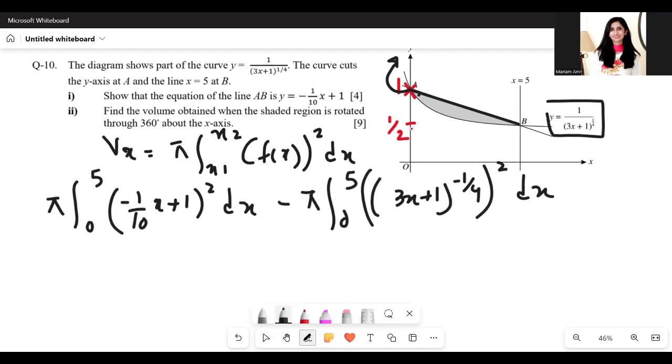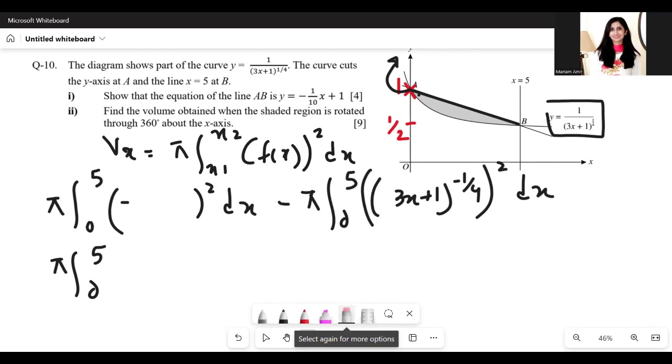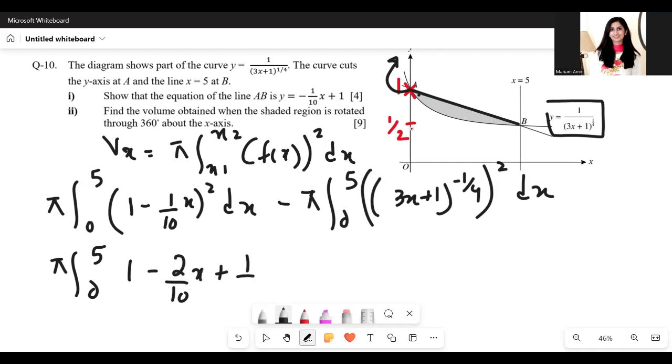So we have pi, 0 to 5. On this, we'll apply a squared minus 2ab plus b squared. I'm going to write 1 minus 1/10 x. So it's a squared minus 2ab, so 2/10 x, plus b squared, so 1/100 x squared. Then we have dx.